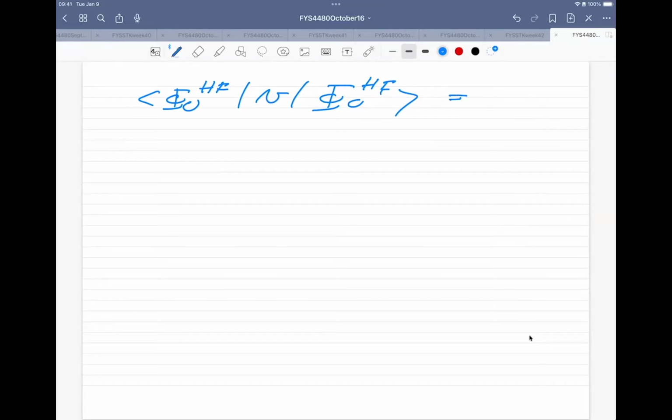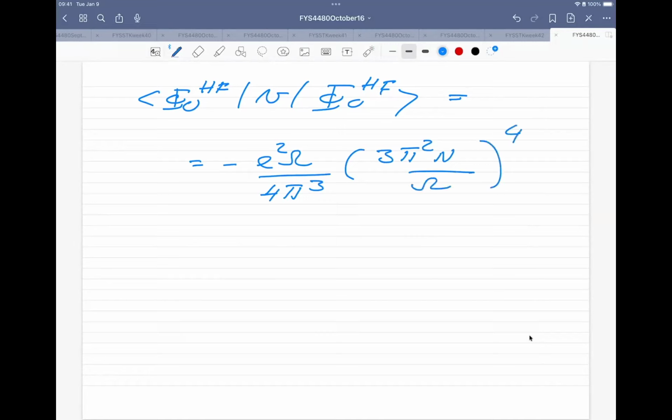But what we get now is this expression which we rewrite like e squared times the volume over 4 pi cubed, and this is given by 3 pi squared n divided by the volume, to the power of 4/3. And we can then rewrite this term here.